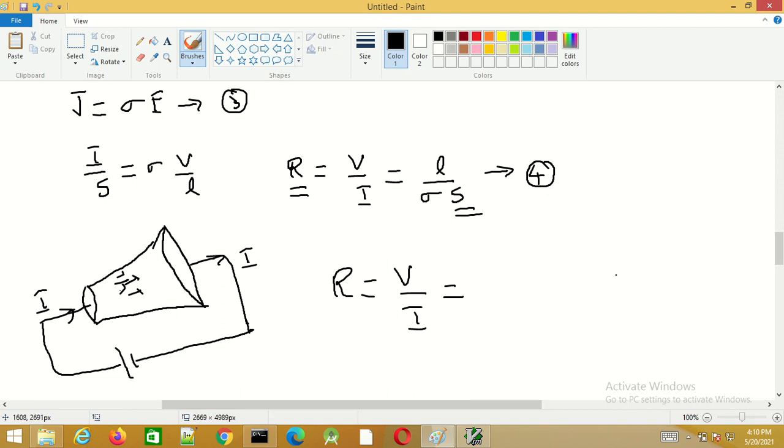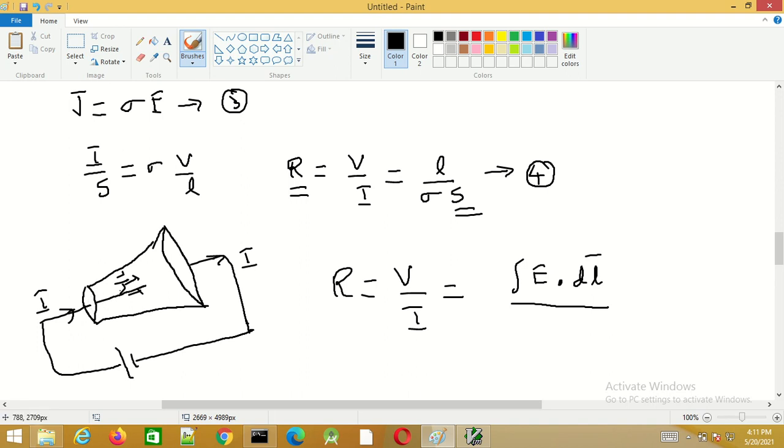The potential difference can be written as the integral of E dot dl, and here that is along the length of the conductor.